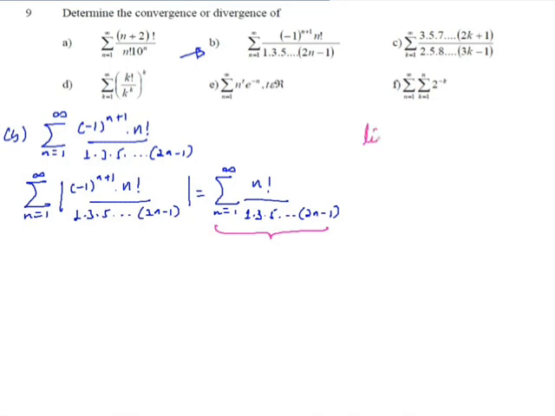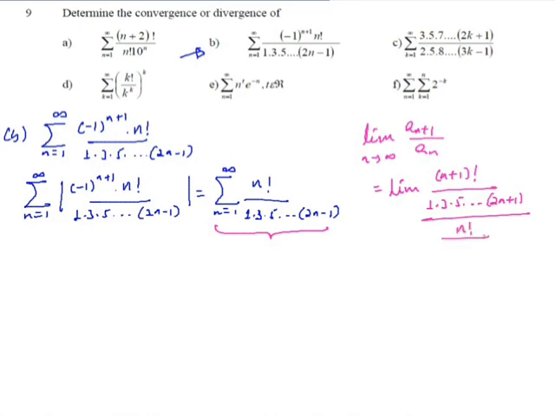The limit of a_(n+1) over a_n as n approaches infinity is the same as the limit of the n plus 1's term, n plus 1 factorial over 1 times 3 times 5 and so on up to 2n plus 1, over the n's term, n factorial over 1 times 3 times 5 up to 2n minus 1.